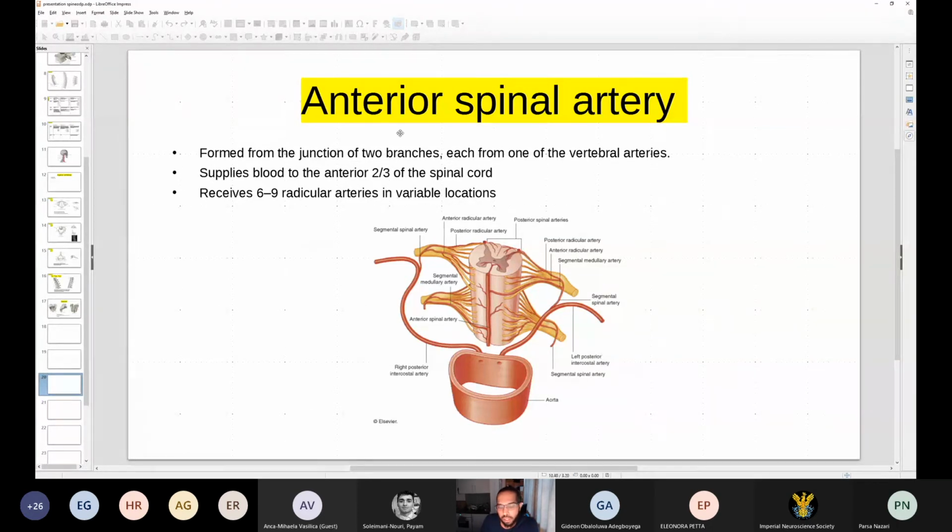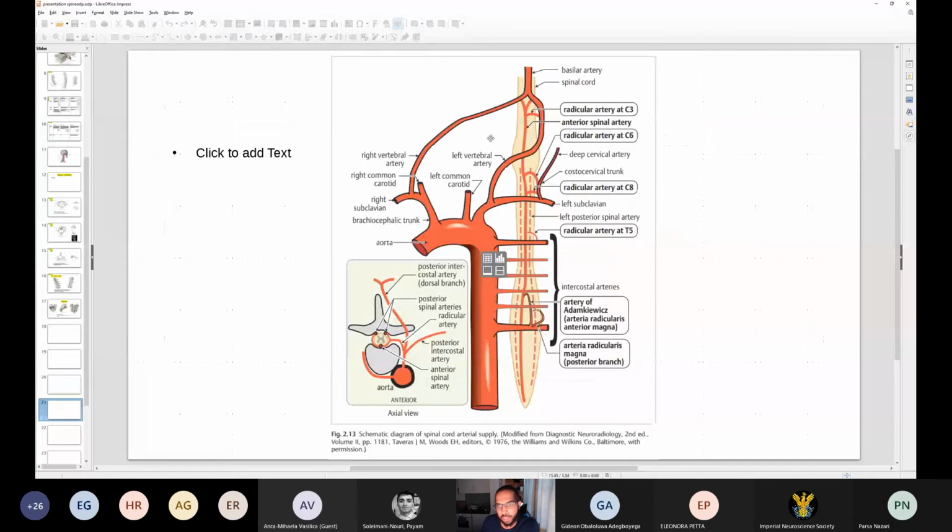The anterior spinal artery is formed by the junction of 2 or 4 branches of the vertebral arteries. So each vertebral artery contributes a branch.